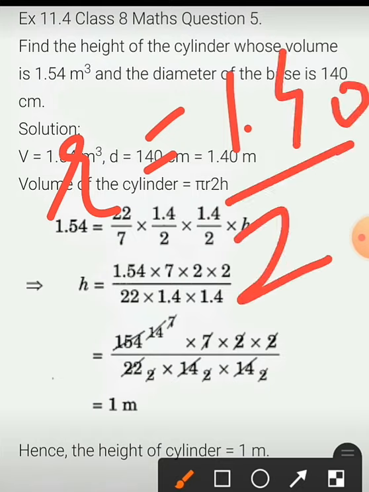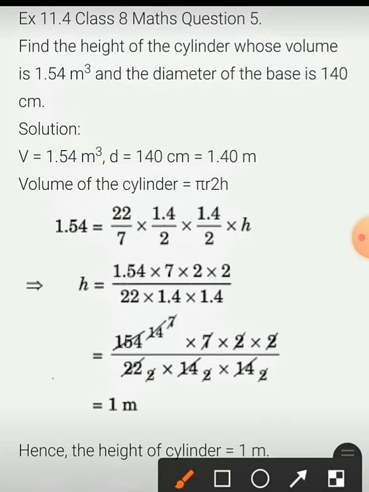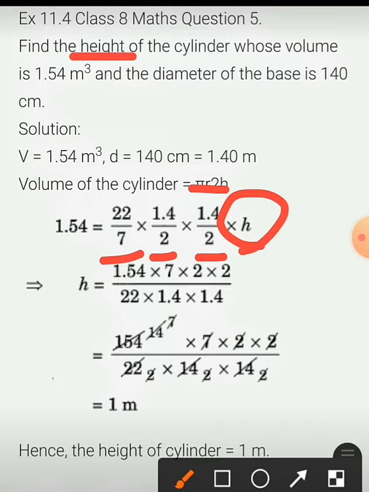Now putting the values carefully in the formula, pi will be 22/7. R square means r two times, so 1.4/2, 1.4/2, into height h. Height is not given, that we have to find out. The question is find the height, so we have to find the height using all these values.